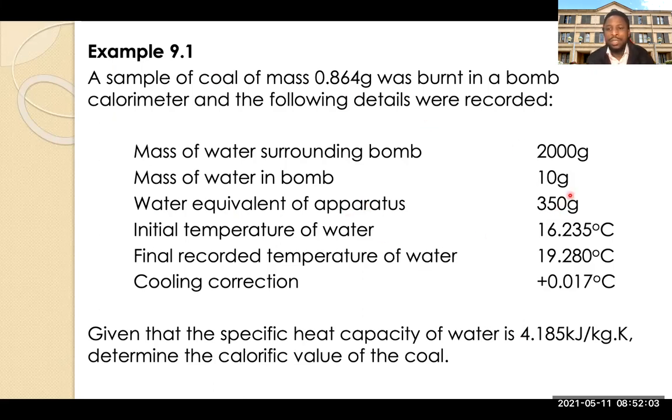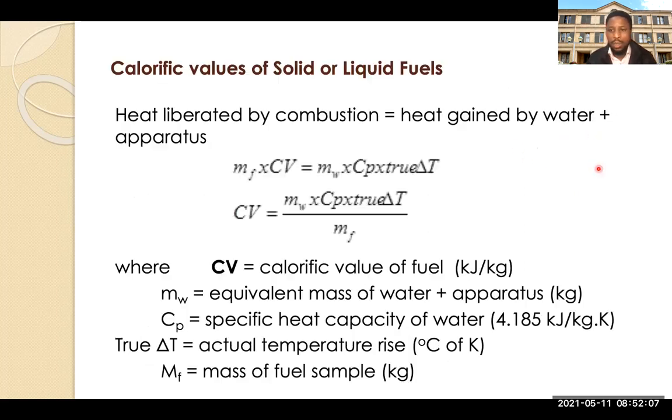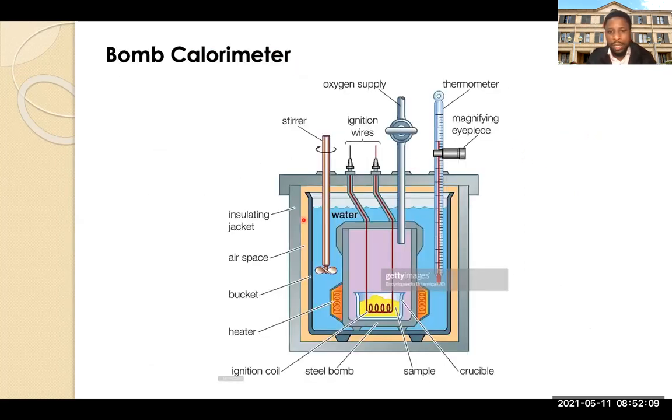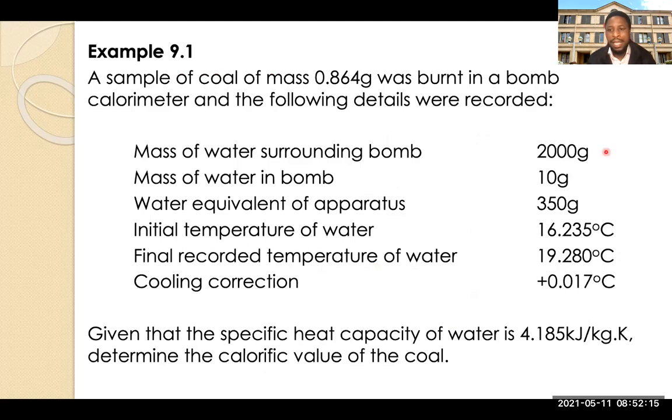Remember, I've alluded to there's a water bath. So you remember looking at this, that's why this amount of water is usually bigger than that. You can see this is tiny compared to that. So you have that water equivalent of apparatus as well. Because the water equivalent of apparatus, how does that work?